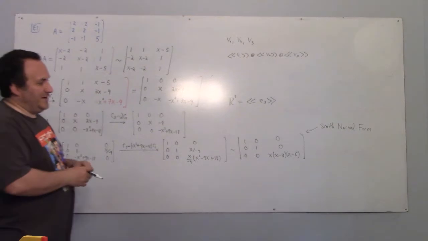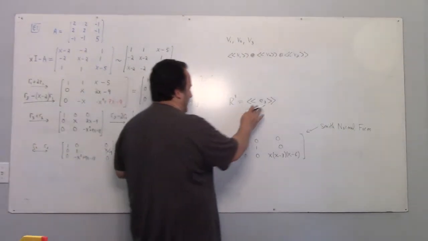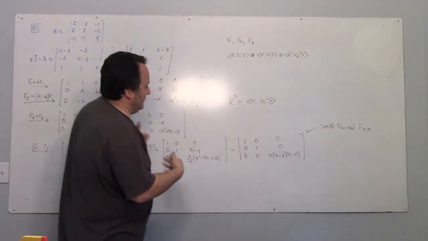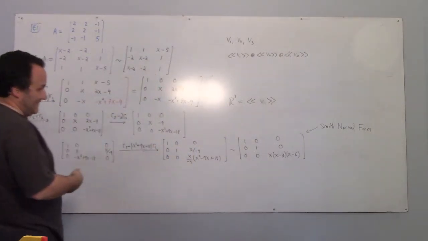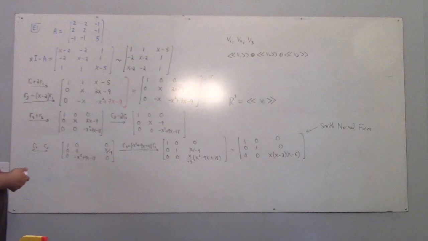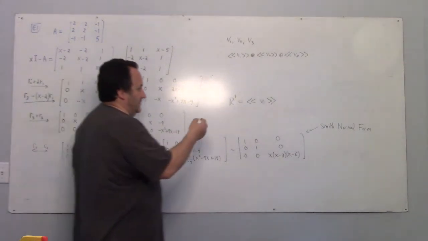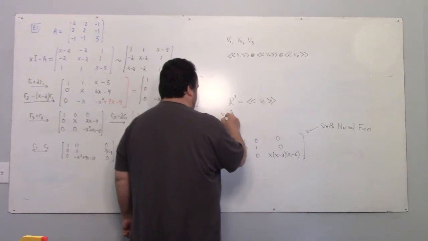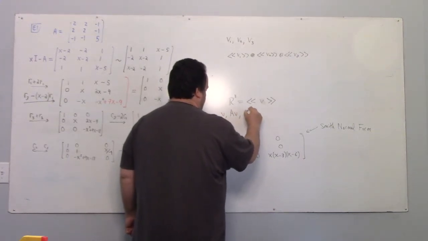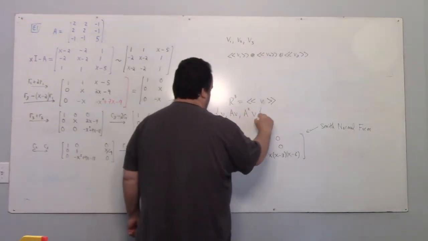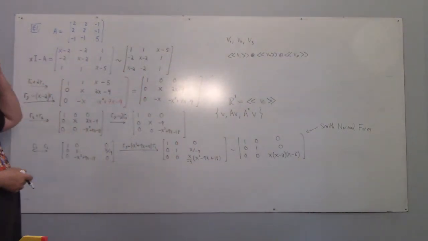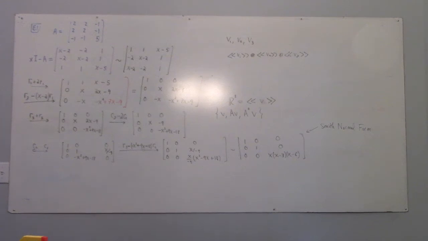Well, anyway, I don't want to say specifically E3. I'm just saying there is a vector such that, with respect to a cyclic basis, we can find a V such that V, AV, A squared V is a basis for R3.